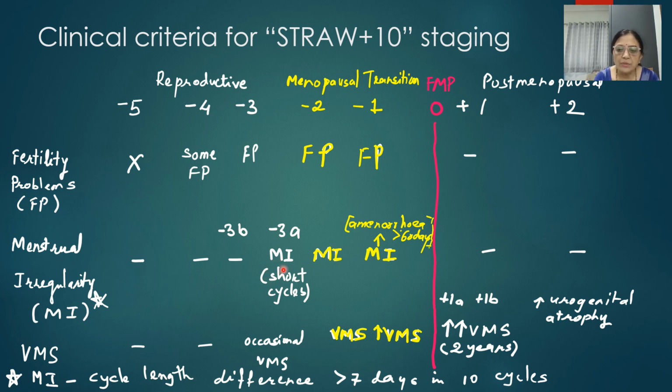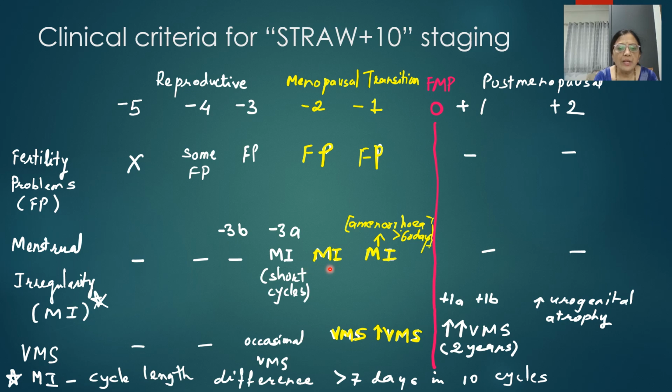It is because of the increasing level of FSH which shortens the follicular phase of the menstrual cycle. So whenever short cycles are there with the aging of the woman, they are because of the shortening of the follicular phase, whereas the luteal phase of the menstrual cycle remains constant.